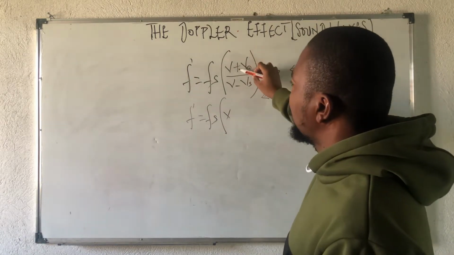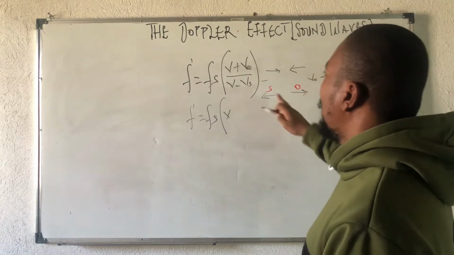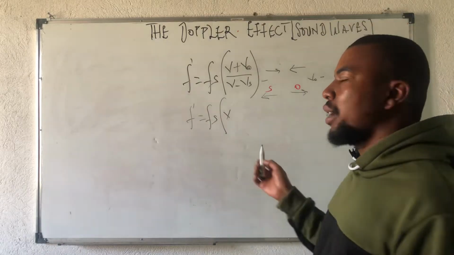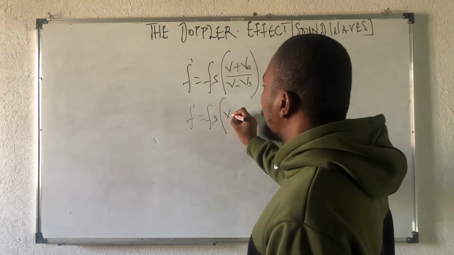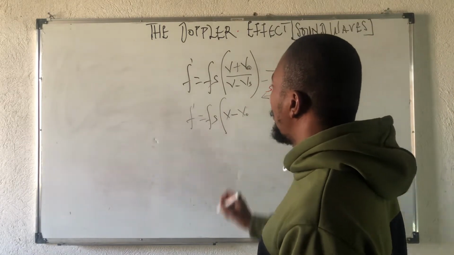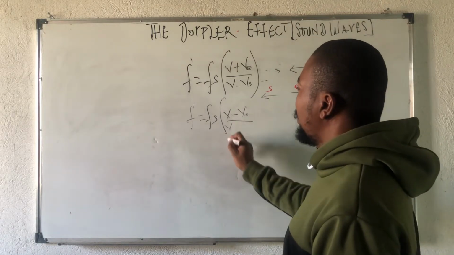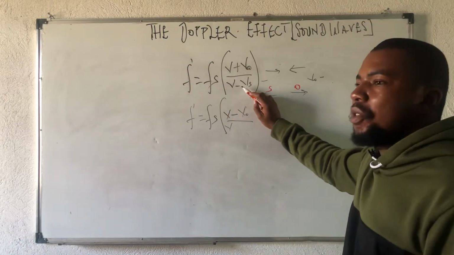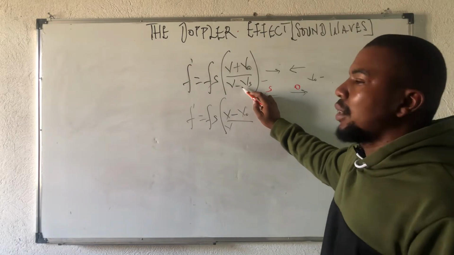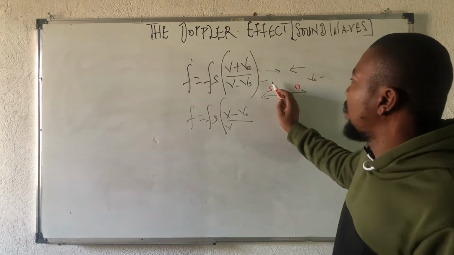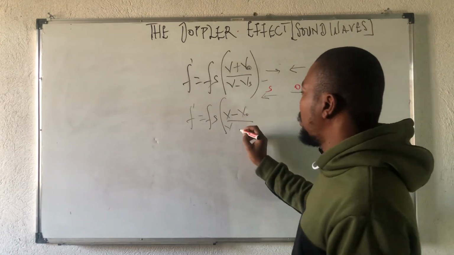Instead of putting a positive here, it now becomes a negative value because the observer is moving away from the source. It now becomes V minus V sub O all over V. So remember that the standard formula contains a negative sign below. So it's now going to be negative multiplied by a negative, which becomes a positive.